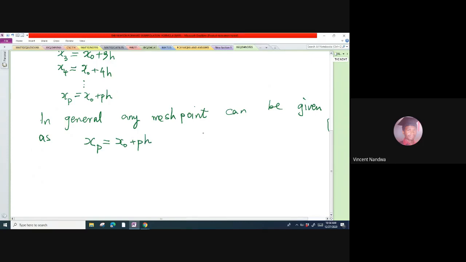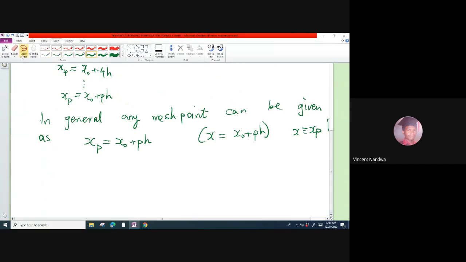Or simply we can say x equals x naught plus ph, where x is the same general xp. So xp is the value of the mesh point p steps from the first mesh point x naught.